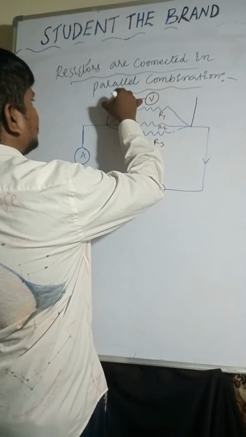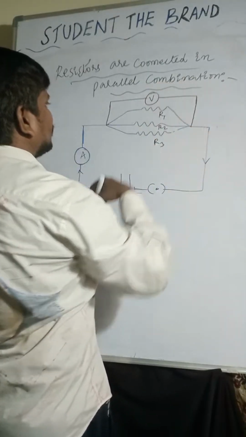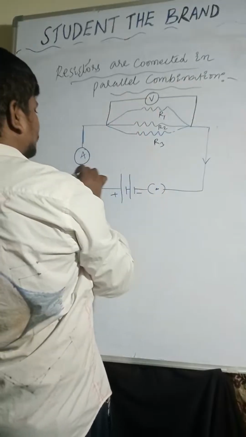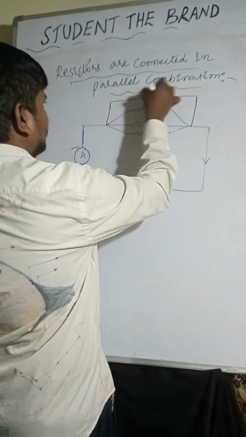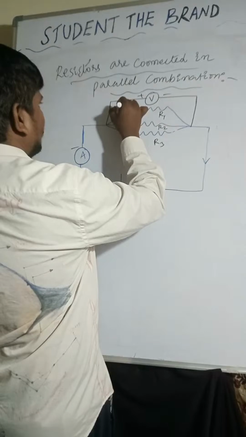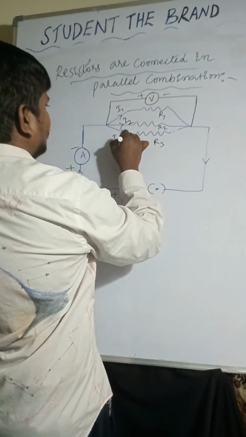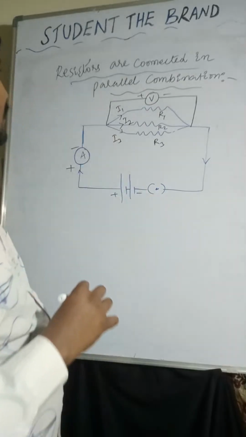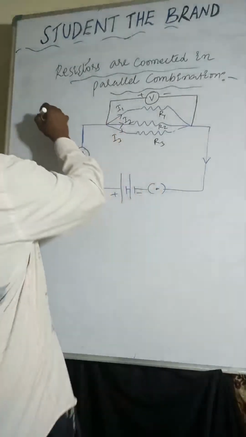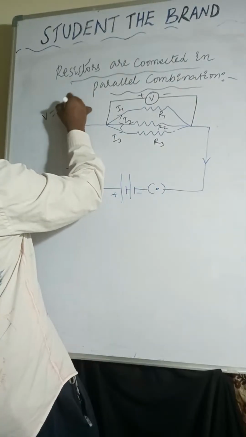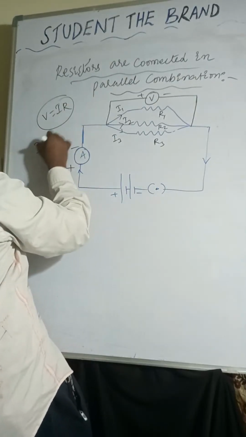Current is flowing, and there is a potential difference. Here the currents are I1, I2, I3. So V equal to IR, potential difference V equal to IR, I equal to V by R.